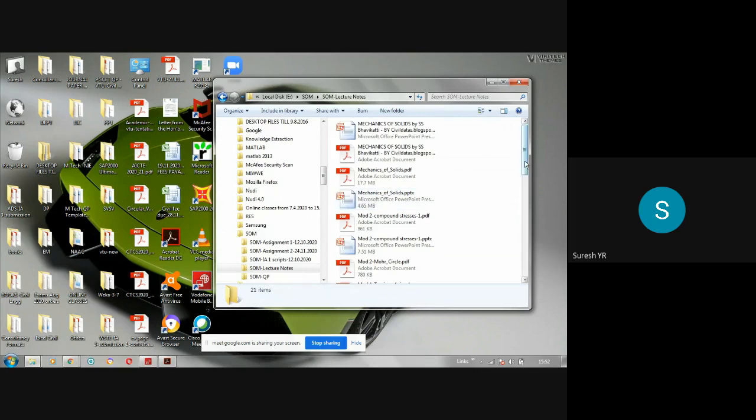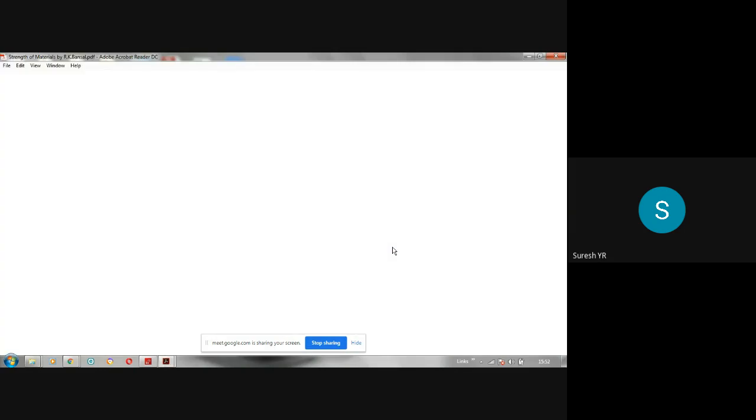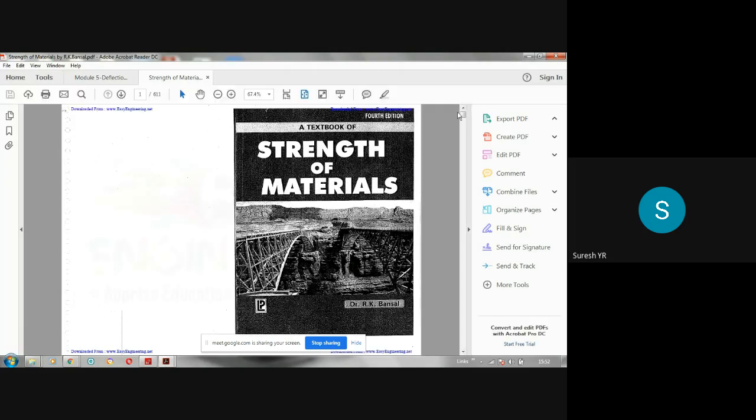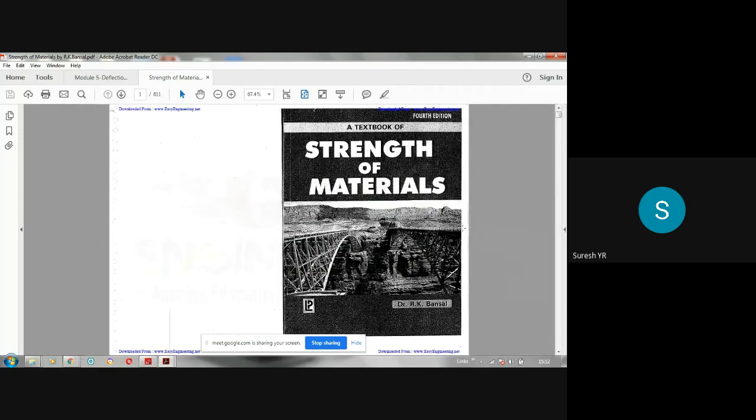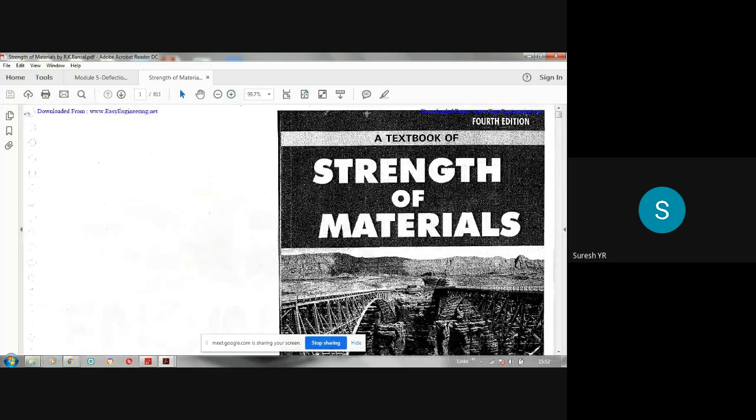I will take from a book. I think it is better to take from this Bansal book. Deflections of beams. All these I have sent, all these lecture notes, textbook copy, everything I sent to you long back for your reference.